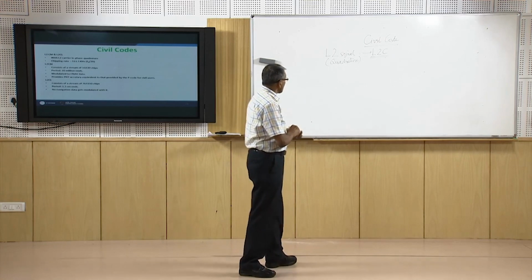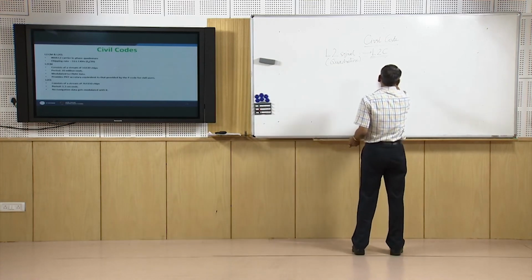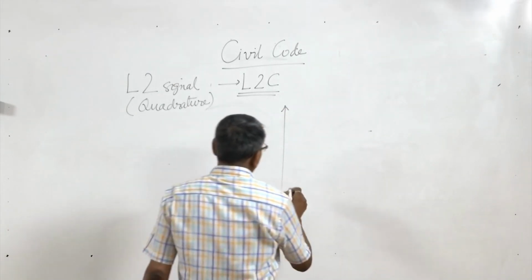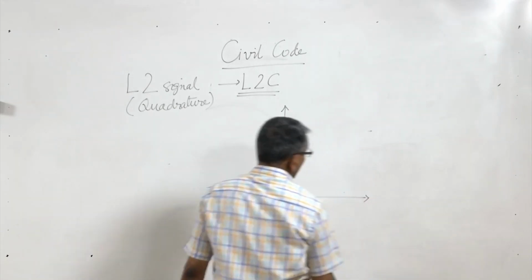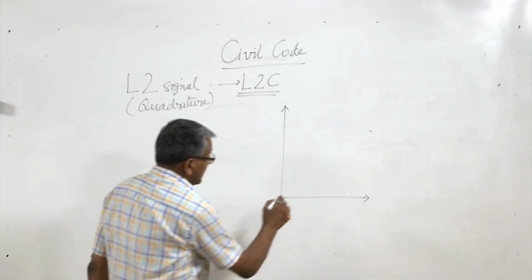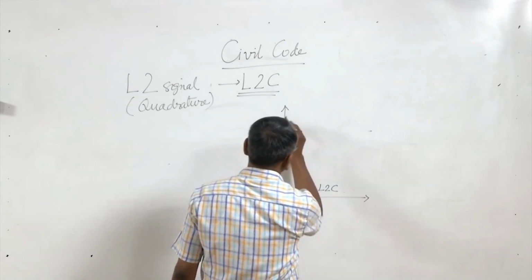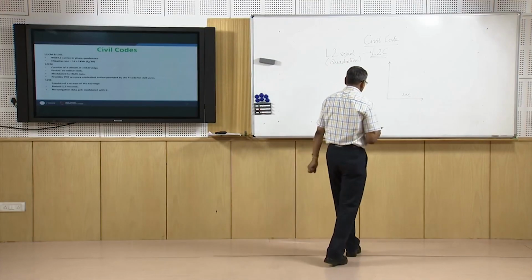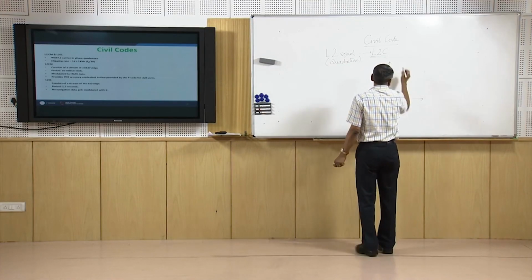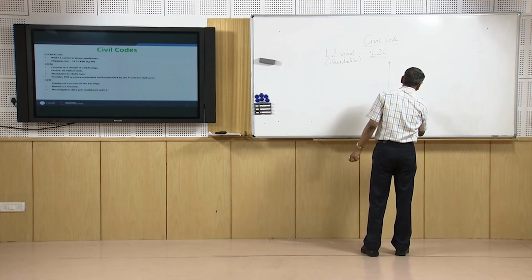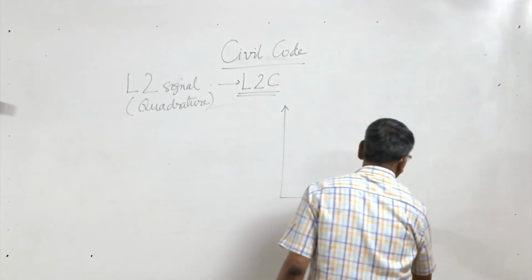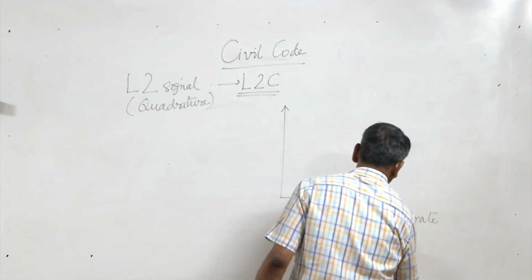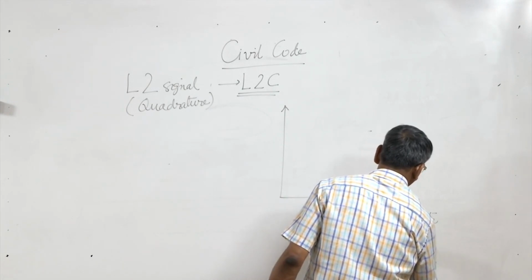The L2C signal will be in the quadrature phase of the L2 signal, and this will have the CM code, civil moderate, and the CL code, civil long.